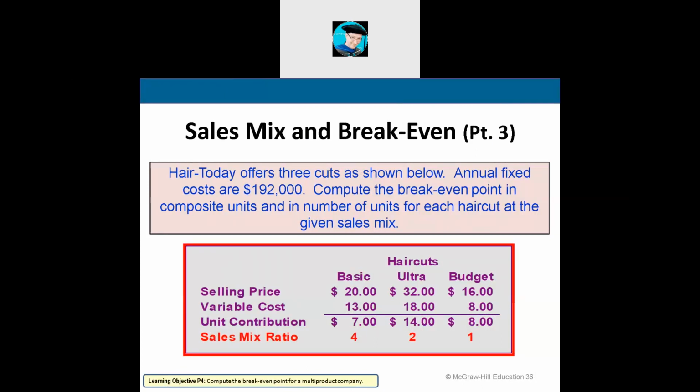And to find the composite units, we apply what's called a sales mix ratio. The sales mix ratio is based off of the contribution margin per type of product. Sales minus variable cost equals contribution margin, as you know, and we can apply the sales mix ratio based on those products, those different products.